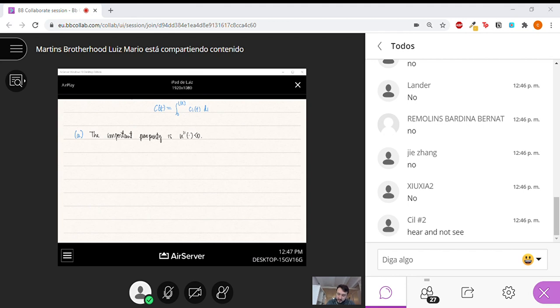Okay. So the important property is this, and what I want you to talk about is, as I mentioned, the marginal utility idea, right? Because the concavity says that the marginal utility is decreasing.